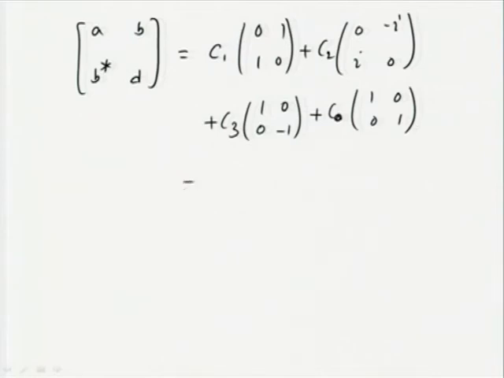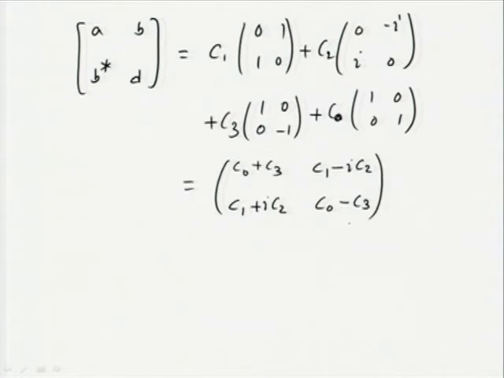If I do this, the first element has only C 3 and C 0. So, let me write it in that order: C 0 plus C 3, then C 1 minus I C 2, C 1 plus I C 2, and C 0 minus C 3.